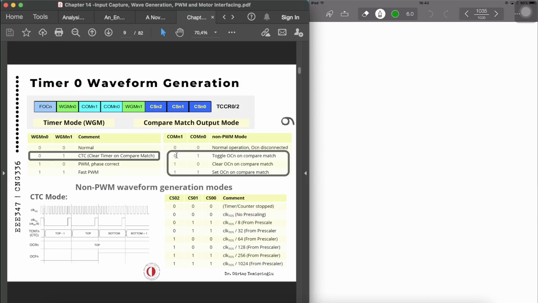So when a compare match occurs, the pin will be toggled and an interrupt will be invoked. So by using an interrupt, we can define the duration that OCn will be in the current state, and we can load a proper value into the OCR0 register.